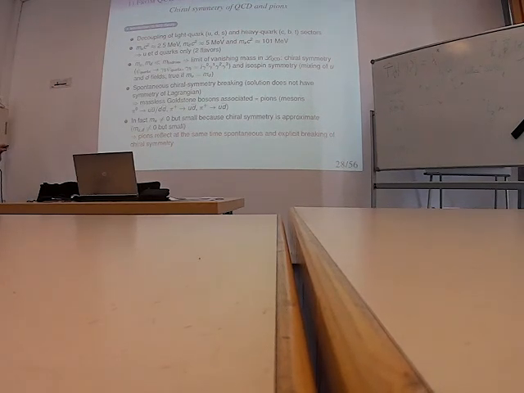So, okay, we have done these two symmetries of the Lagrangian. And what happens when, assuming you are able to solve the equations of motion of this Lagrangian, you would end up with a solution which is the physical solution for the ground state, which does not have the symmetries of the Lagrangian.